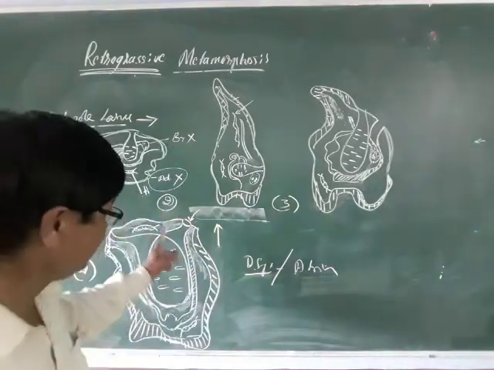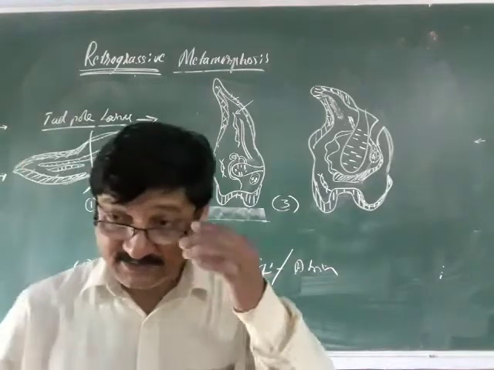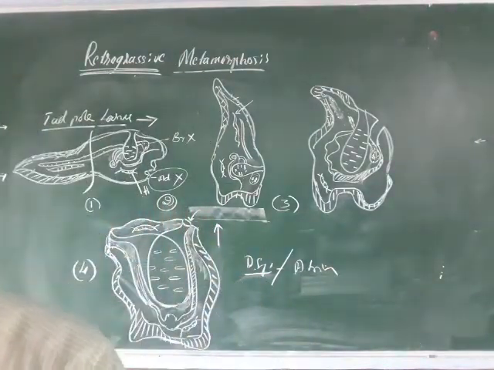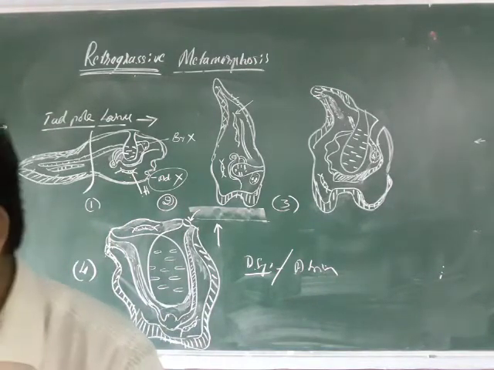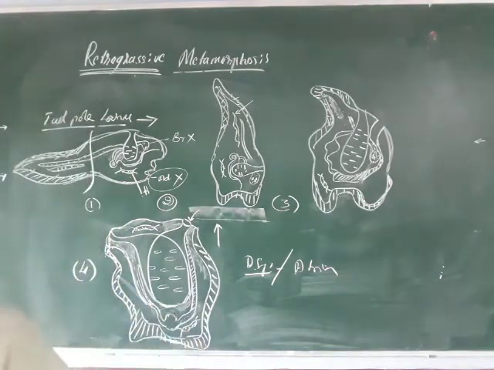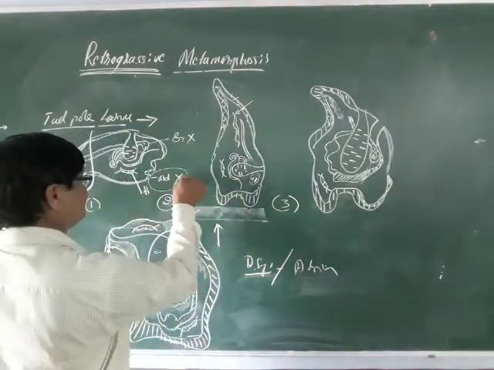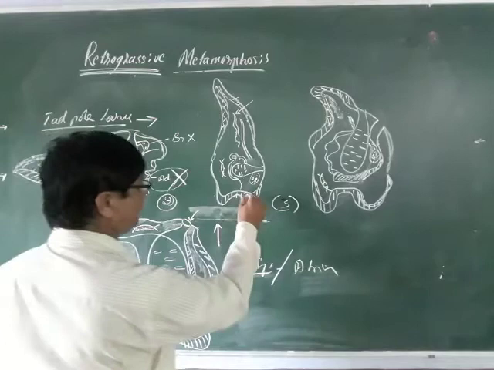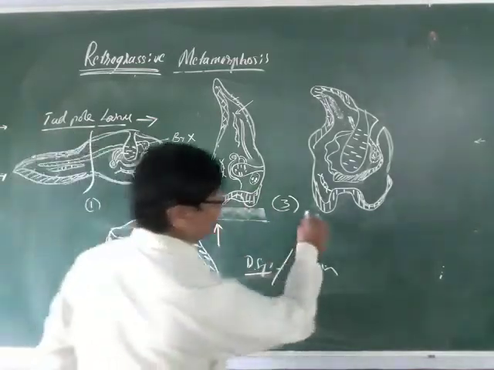So this is also one of the progressive changes. In the same way, the heart and blood vessels form a well developed circulatory system, which we are able to see. The adhesive papillae also disappear, and with the help of the muscles the larva is attached to the substratum.